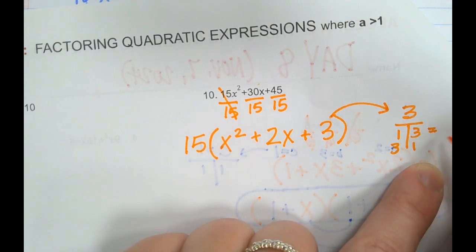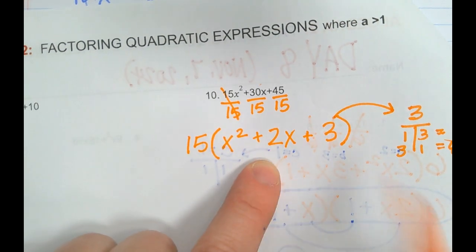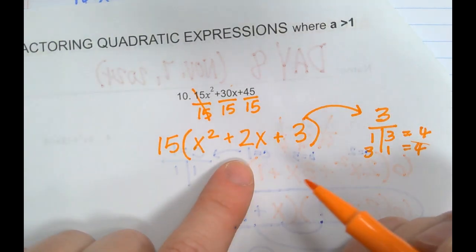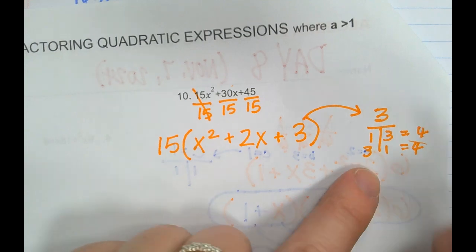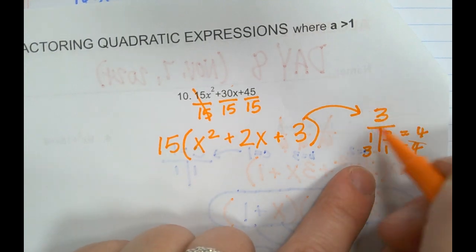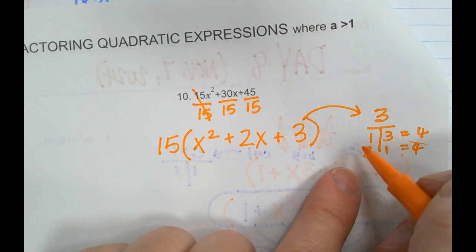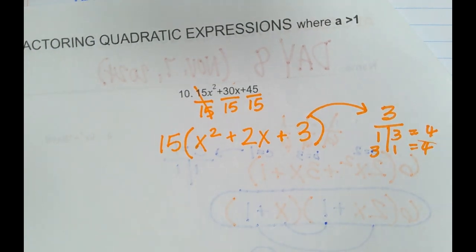And when we add those together, we're going to get 4 both times, and we need a 2. So it's not going to work. We can't make one of them negative because it's a positive 3. We need our factors to have the same sign. So I think this one just isn't going to work.